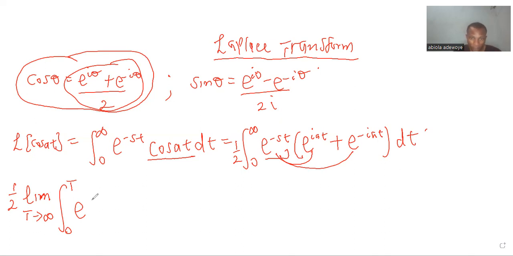We have minus open bracket, yes, t is common for the first and the second one. Also, we have, are we there? t is common for both.